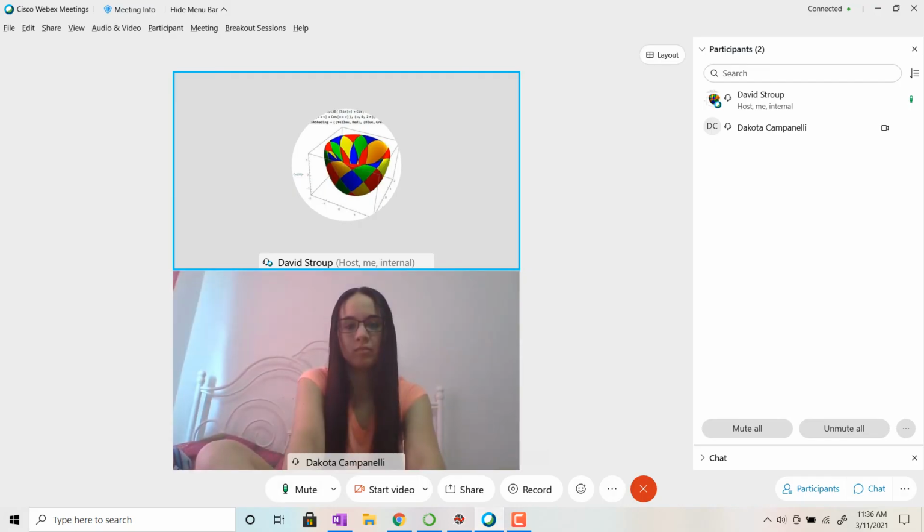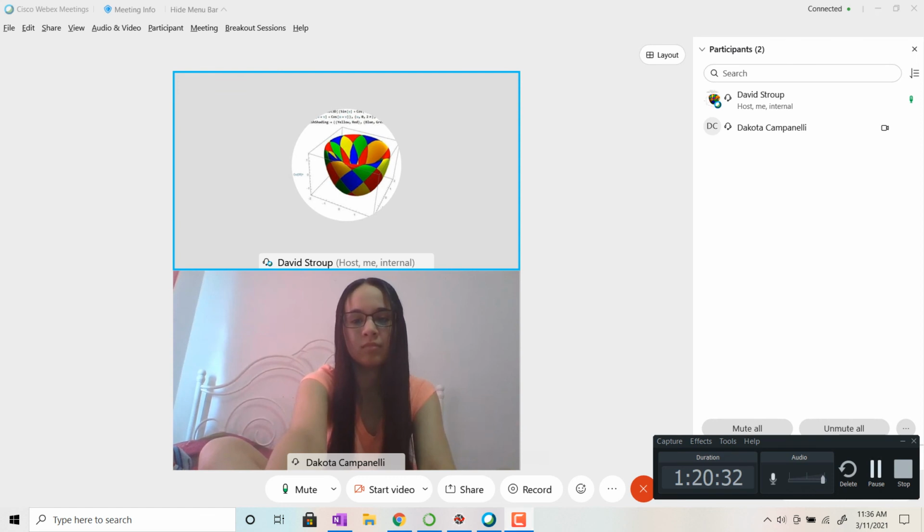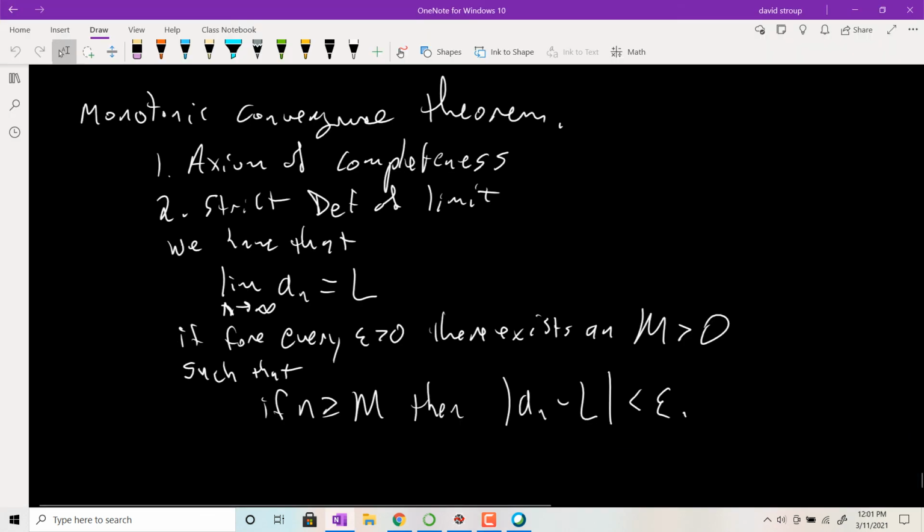Okay, so let's go at it. Monotonic convergence theorem: we're trying to prove that this is true. We'll need that axiom of completeness, and we're trying to construct the strict definition of the limit. If we could construct this definition for a particular sequence a sub n, just given that it's monotonic and bounded, then we have shown that it's convergent.